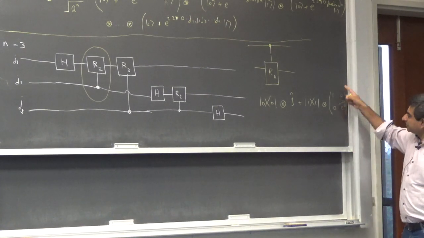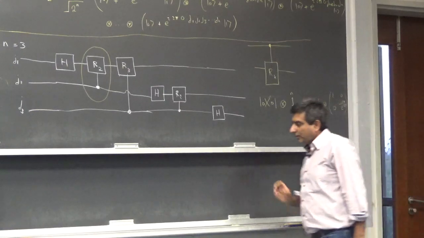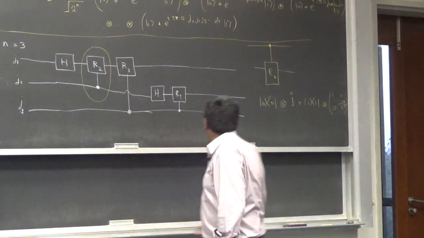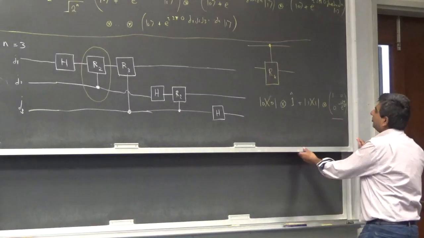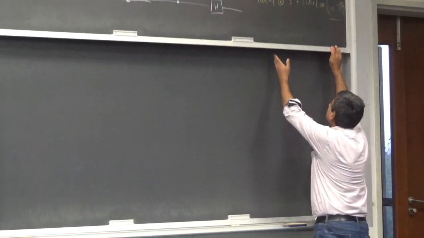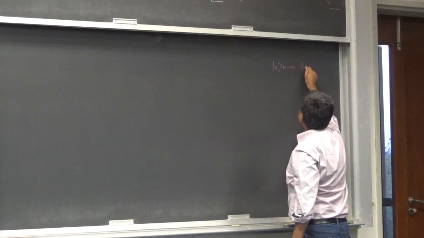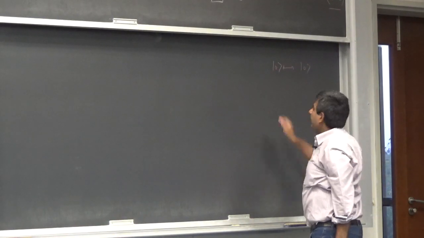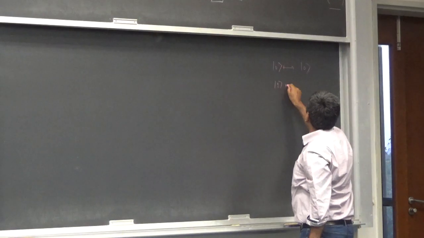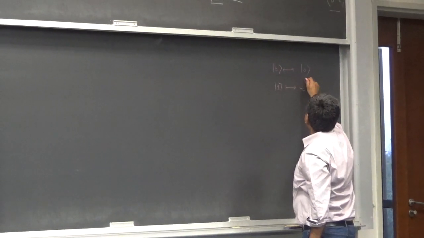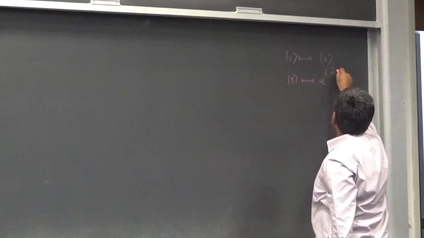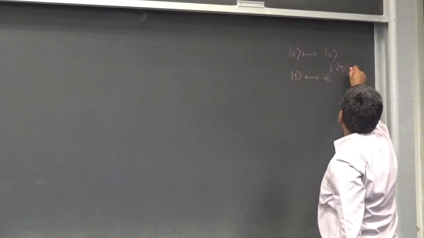So what does this gate do alone? This is a single qubit gate. When acting alone, it takes ket 0 and keeps it as it is, and it takes ket 1 and applies a phase to it, e^(i 2 pi over 2^k), ket 1.